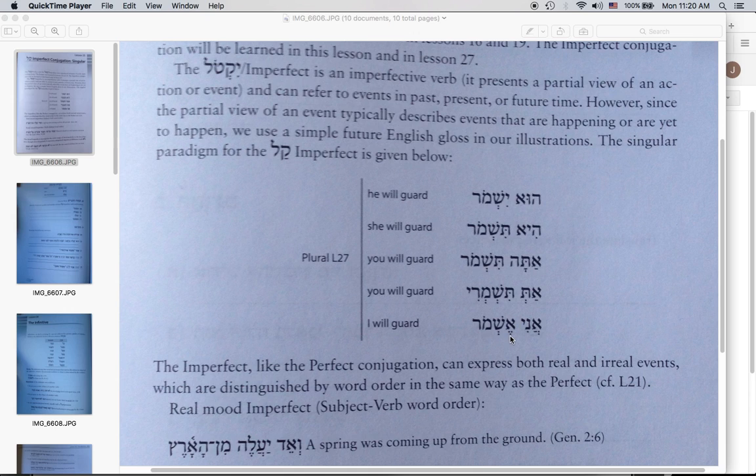So the aleph is added with a segol vowel underneath, so eshmor. Notice that this o vowel in the second syllable is consistent, except for in this form here, where that o vowel has disappeared because we added something onto the end and it has changed our syllables. But it's pretty consistent all the way through the Qal imperfect singular. So that's another clue, another sign that it is an imperfect that we're working with.